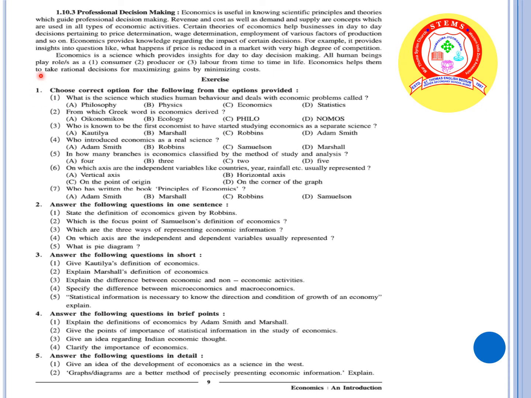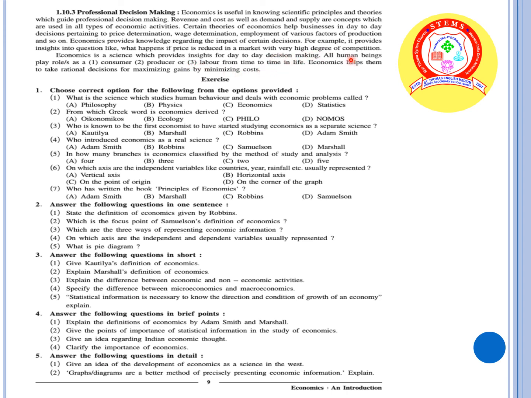All human beings play the role of consumer, producer, labor from time to time in life. So economics is a science which provides insights for day to day decisions. Economics is used in each and every individual's life on a daily basis. That is why it is useful in decision making.